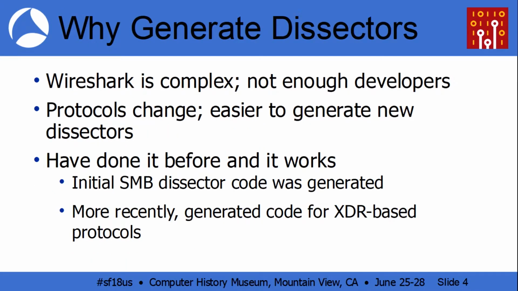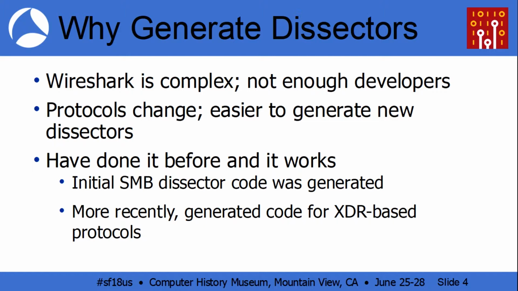So, one of the problems, of course, is that Wireshark is complex. There's not a lot of dissector generators. There's not even a lot of other developers. And there's a huge learning curve as well to writing dissectors.